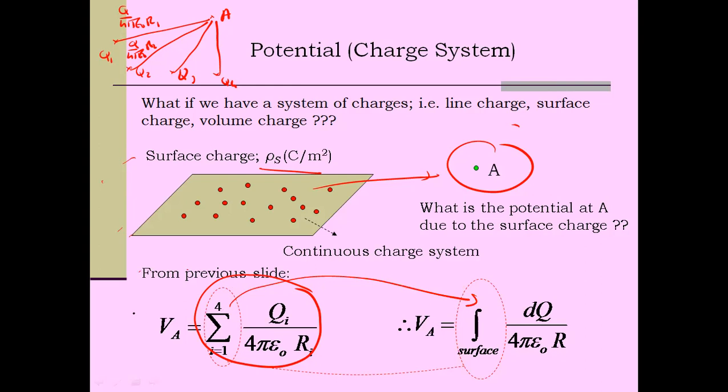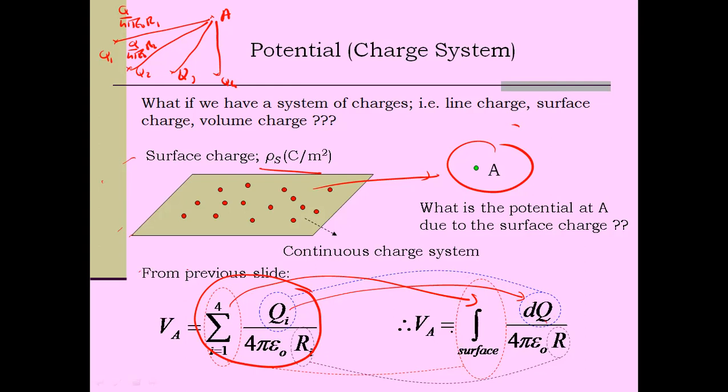Afterwards, the Qi in the discrete case is changed to a dq, which is continuous, and Ri is just changed to R.